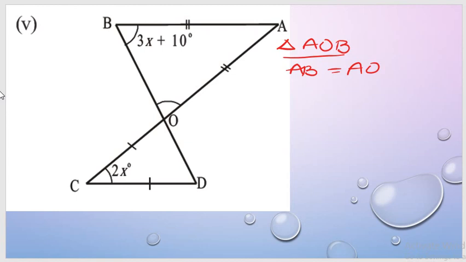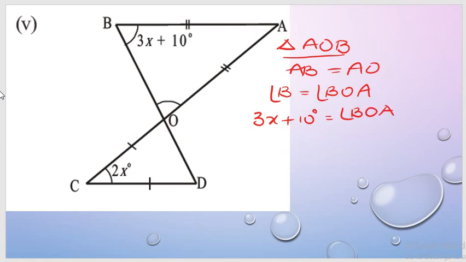If this is an isosceles triangle, then the angles opposite to these equal sides are equal. That means angle B is equal to angle BOA. I can write it as angle B is equal to angle BOA. So 3x plus 10 degrees is equal to angle BOA.